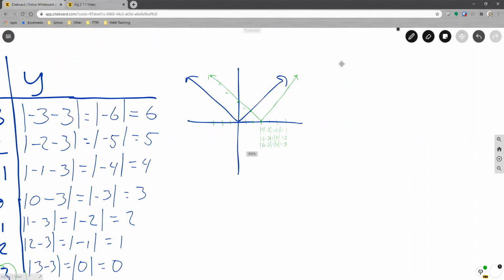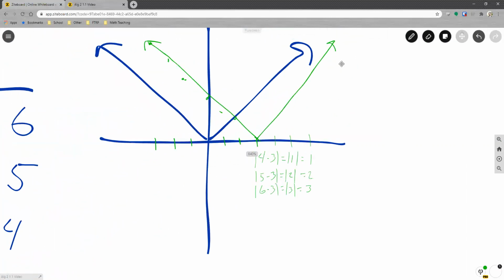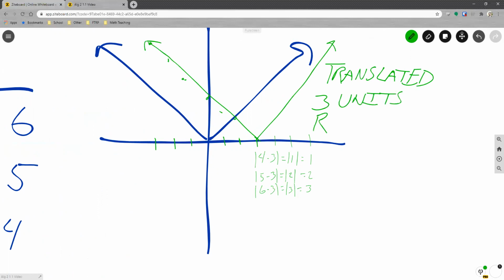If I were to compare that, again, to the graph of the original function, it looks like it has translated three units to the right, or in a positive direction on the x-axis.